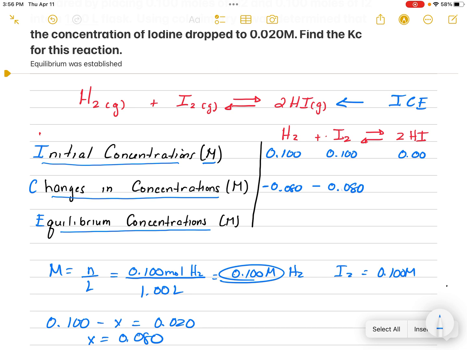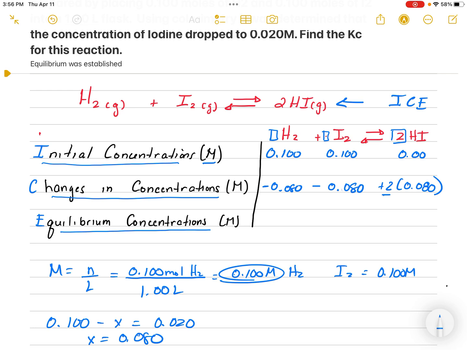Because there are 2 moles for every one of those being used, this is going to change in the positive by the same amount, because as these 2 atoms come together to form this compound, you're using up the same amount. Whatever decrease you have on the reactant side, you should see the same increase on the product side. The only difference is this 2, because it is a 2-to-1 ratio. See, there's an imaginary 1 here and there's an imaginary 1 here, so the stoichiometry does play a role.